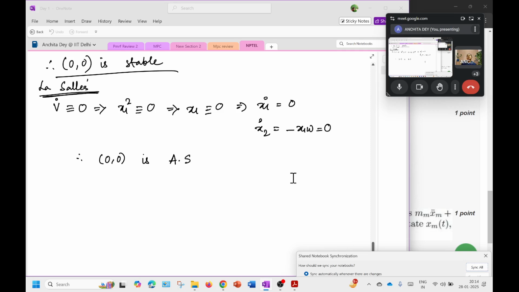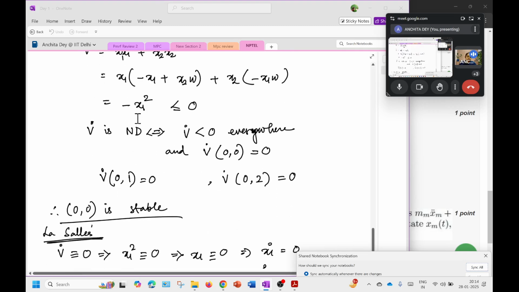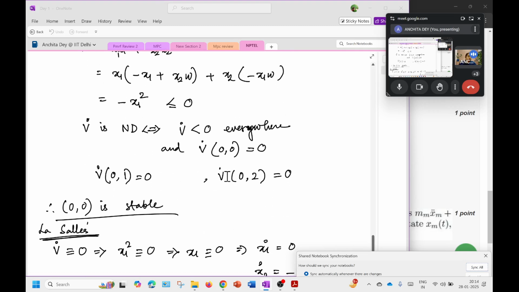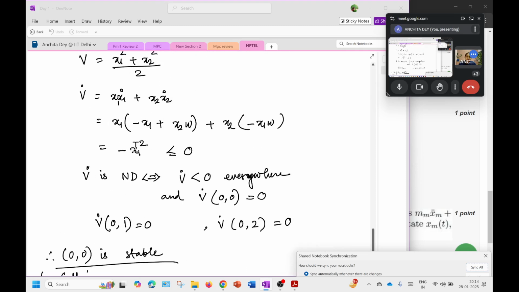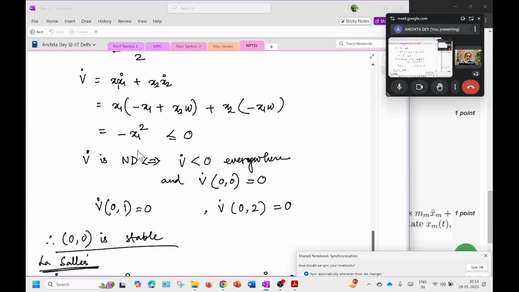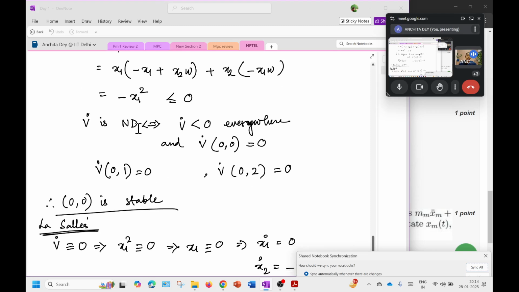It's not exactly the opposite. Since you started from V, then you found V dot, and after that you could not conclude what happens to x2. You have nothing else to conclude from this expression here. So now you start playing with V dot, because that's where you ended with Lyapunov, and see what further you can learn from V dot.